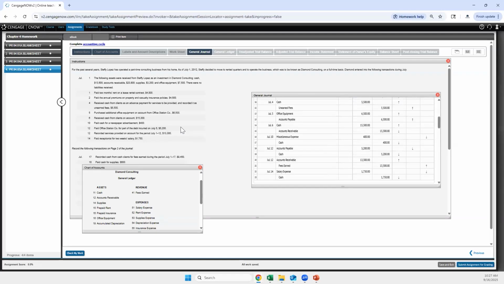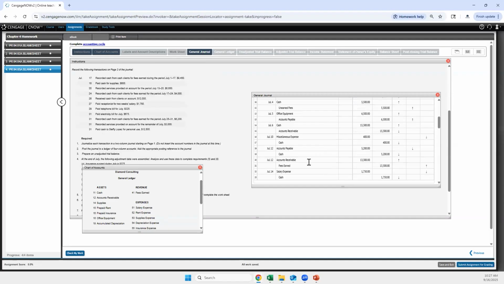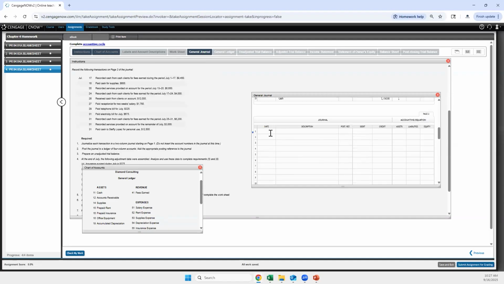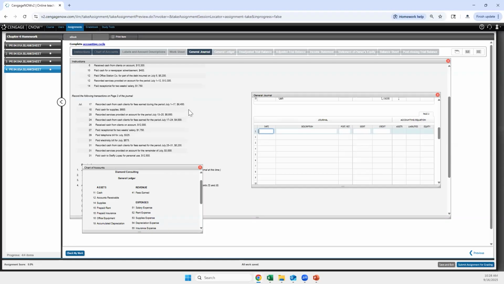So now we'll move on to page 2, which is these transactions here. One moment, please. Okay. Recorded cash from clients for fees earned during the period July 1 through 17.